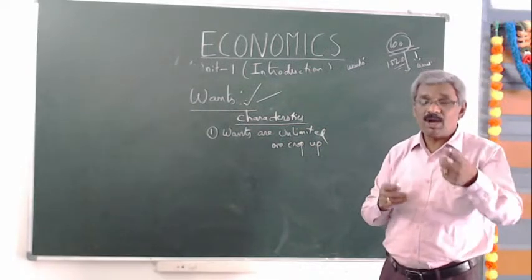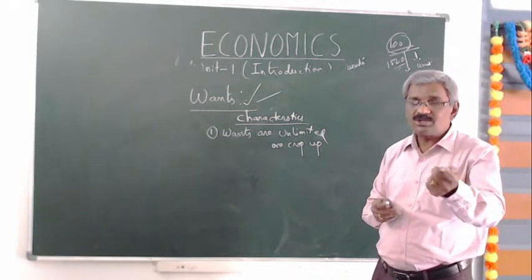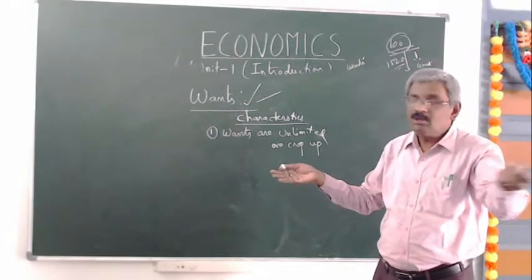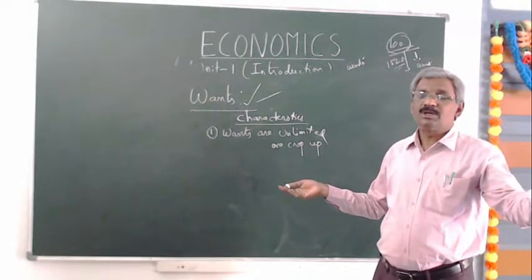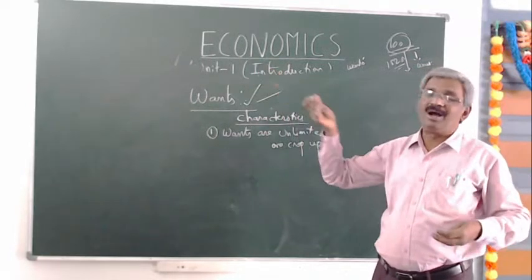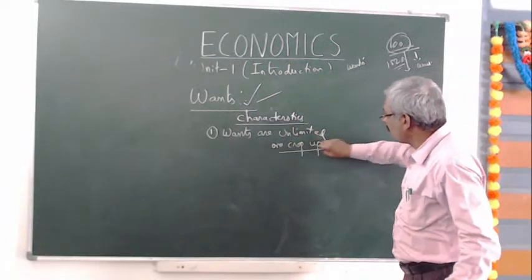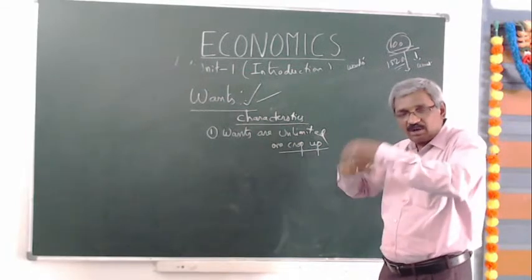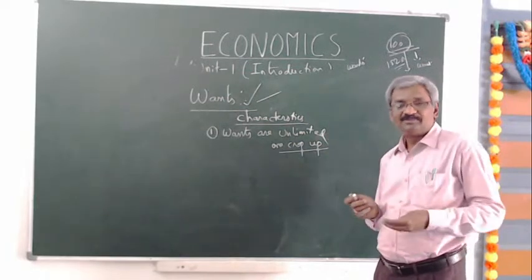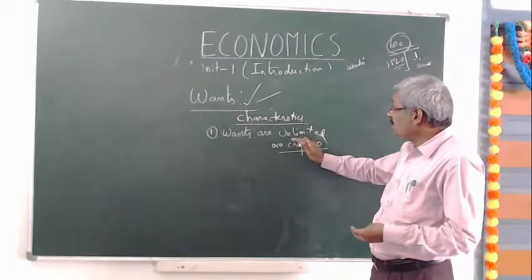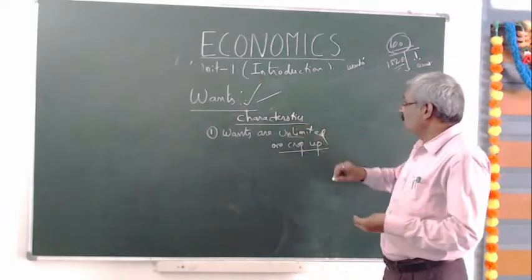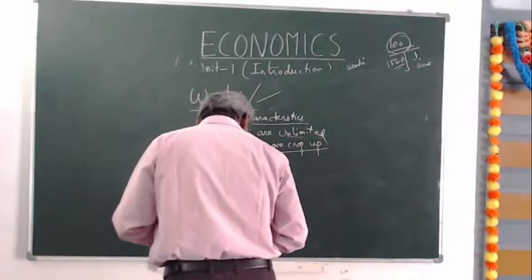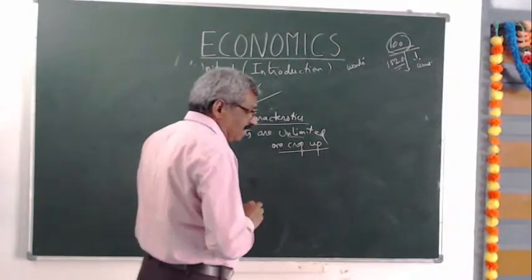How many wants do you have? One want, or 100 wants, or 1,000, or 1 crore of wants? No. One want is satisfied and another want crops up. They come one by one until death. Until death, every want crops up. That is called unlimited. Human wants are unlimited.